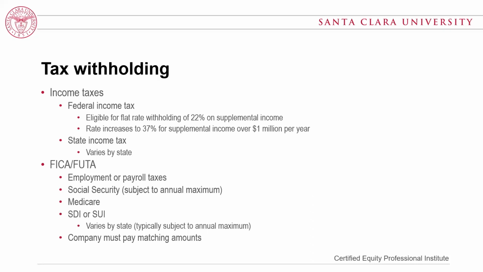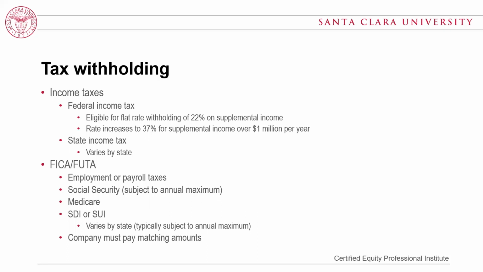The withholding rate for supplemental payments, such as income from equity compensation, is 22% for supplemental income amounts up to $1 million per year, and 37% for supplemental income amounts over $1 million per year.